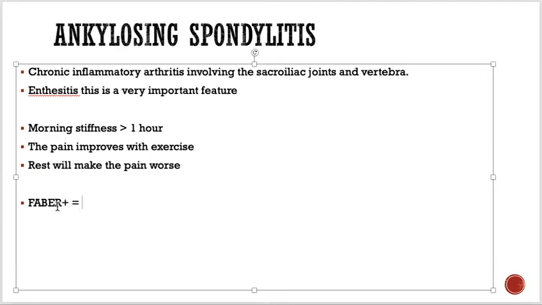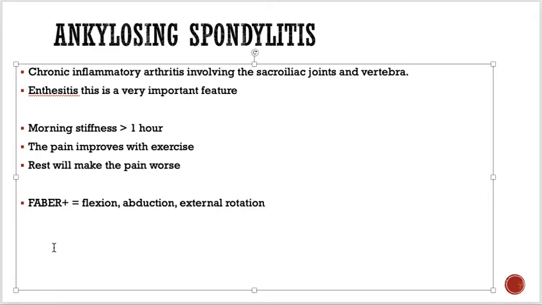What is Faber? F is for flexion, AB is for abduction, and ER is external rotation.